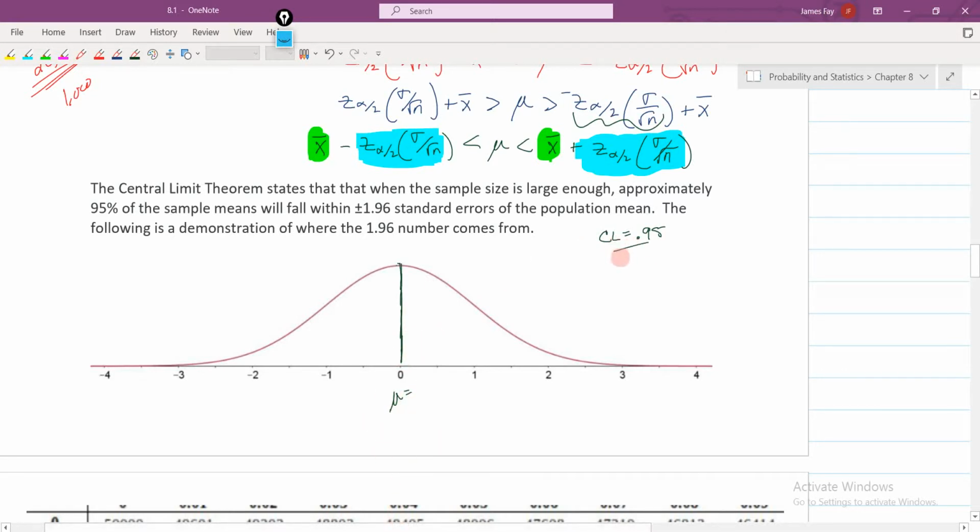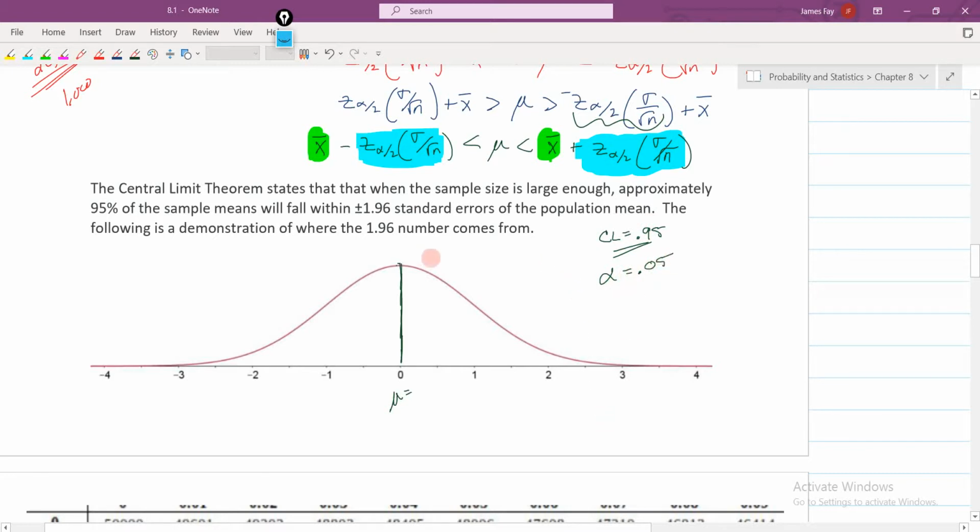But we want to be 95% confident that we develop some interval of data values in which our mean will reside. If 95% is the confidence level, that means that alpha is 0.05.